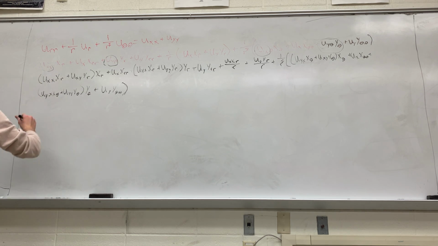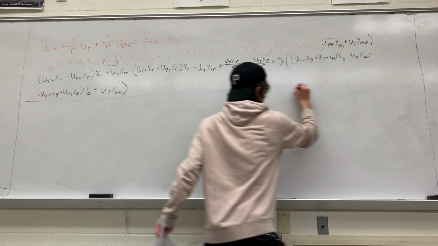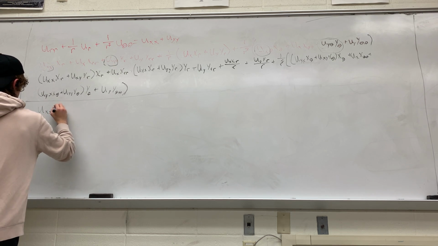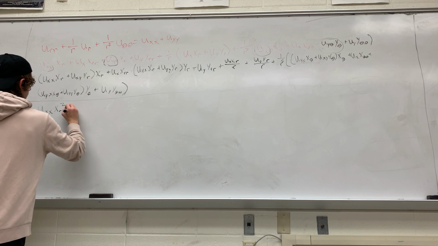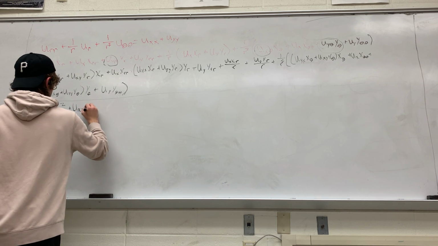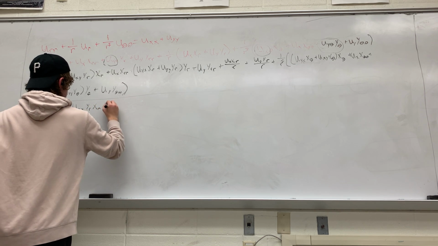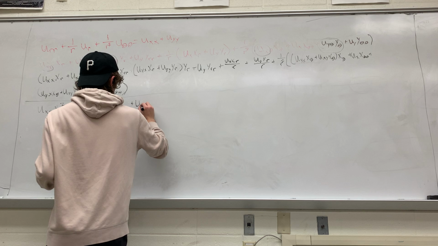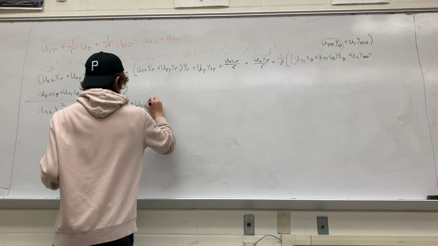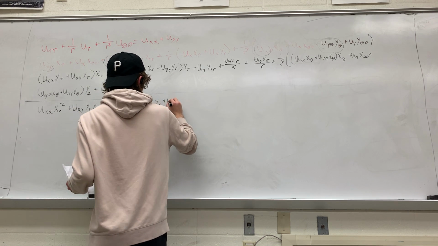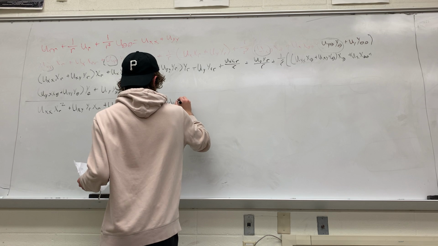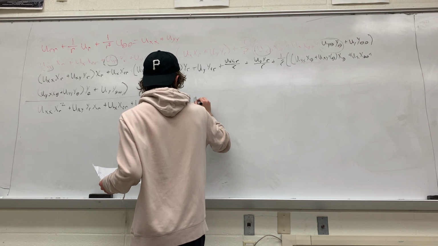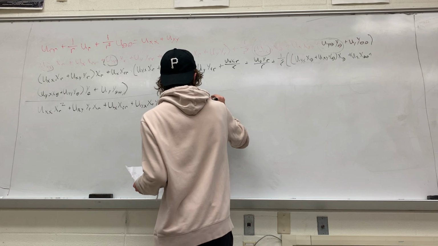So here, I'll draw a line to separate this. Here we will have U_xx x_r squared plus U_xy y_r x_r plus U_x x_rr plus U_yx x_r y_r plus U_yy y_r squared plus U_y y_rr.